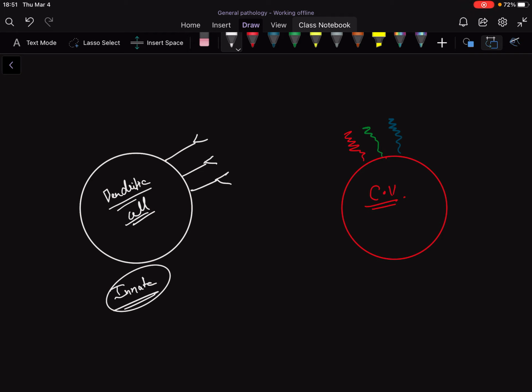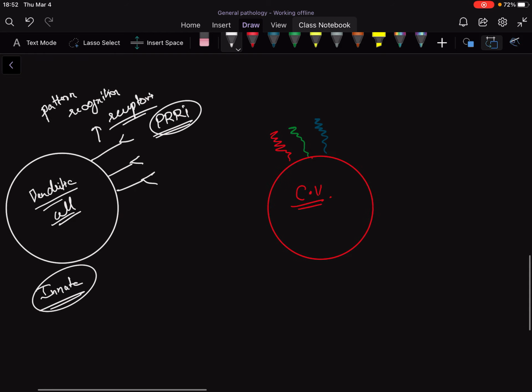Okay, hence these receptors are called pattern recognition receptors, or PRRs. So what are these green, red and blue surface antigens here?